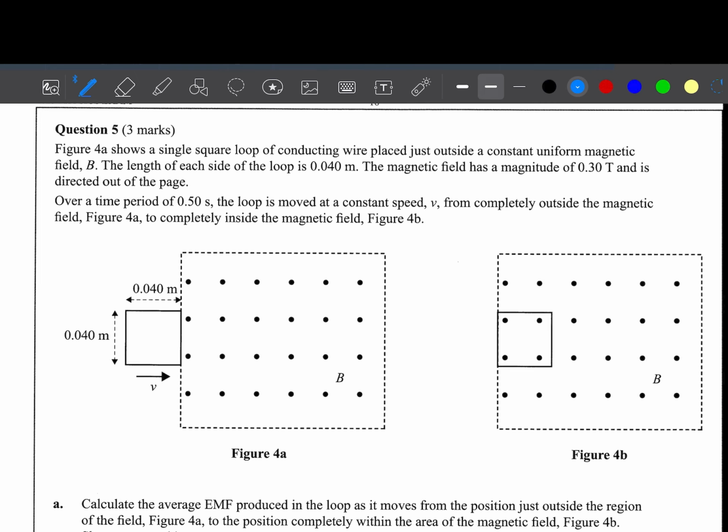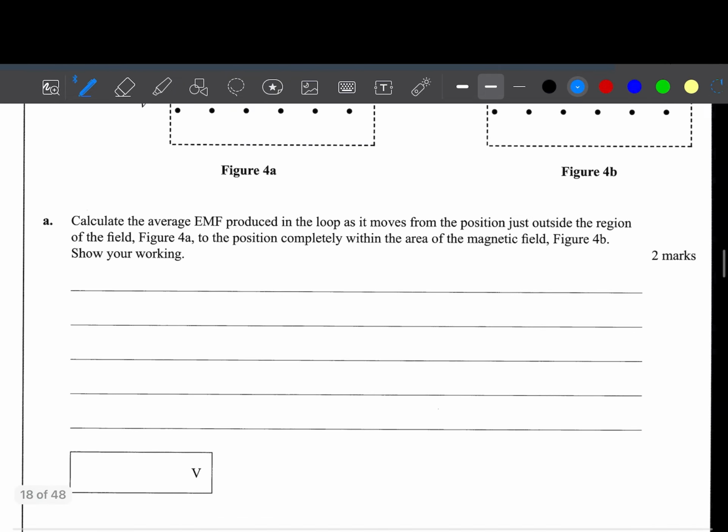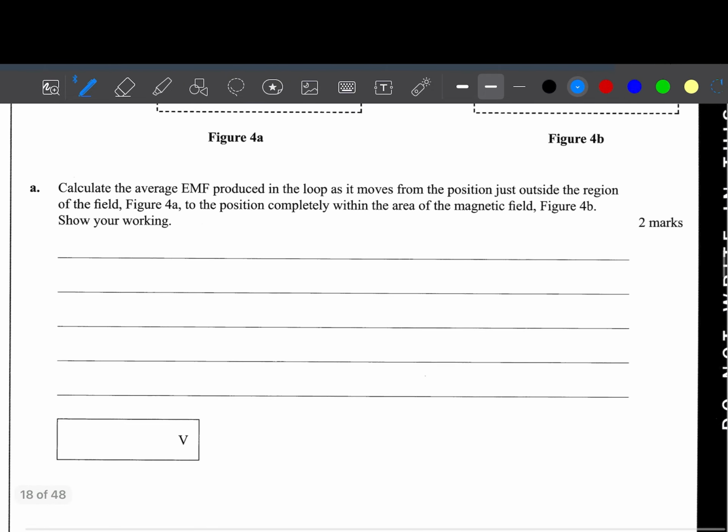Over a time period of 0.5 seconds, the loop is moved at a constant speed from completely outside the magnetic field to completely inside the magnetic field. Calculate the average EMF produced in the loop as it moves from the position just outside the region of the field to the position completely inside the magnetic field. Show your working.